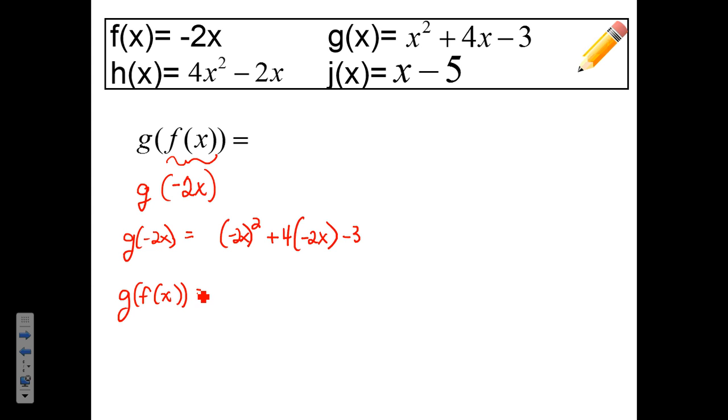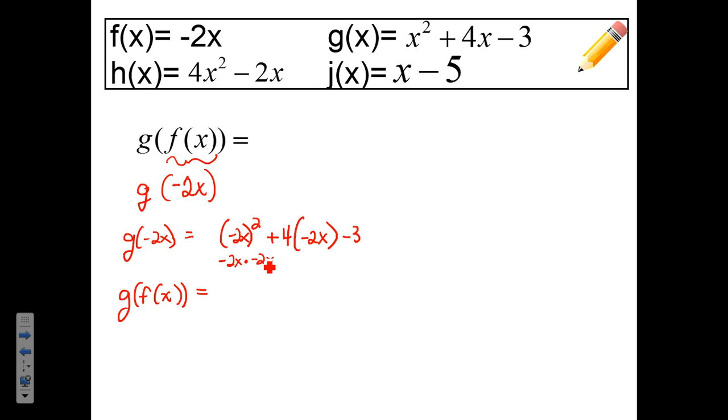All right, so then we simplify this. This says negative 2x squared. That means negative 2x times negative 2x, because an exponent means that many of whatever is being raised get multiplied together to get your answer.